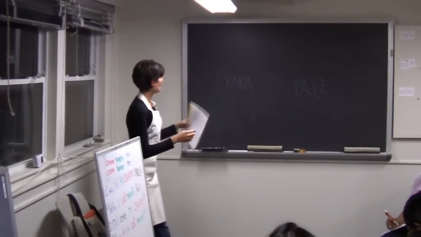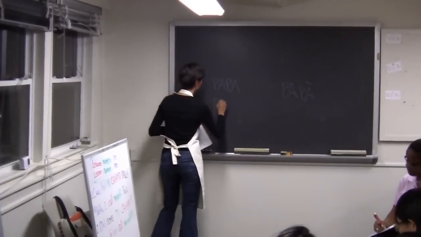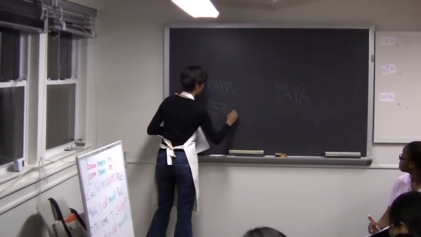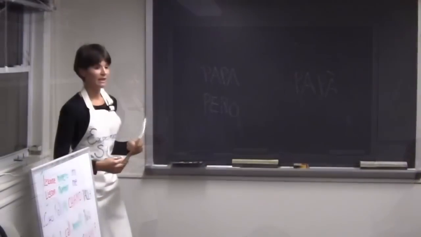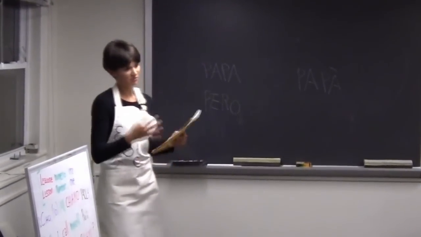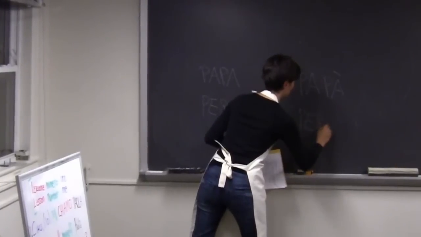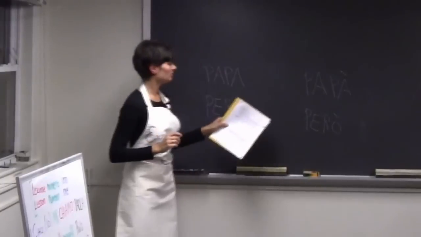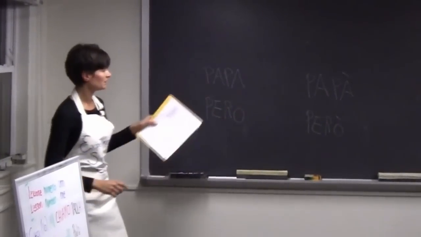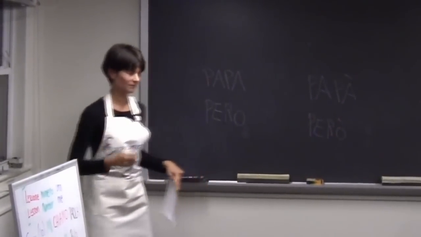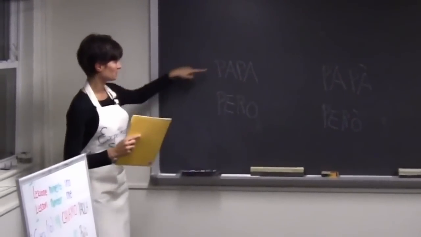Right? Or if you say Pero, well, Pero is a pear tree. It's a tree. If you say Però, well, Però is a conjunction. It means but or however. So let's try to read these words.